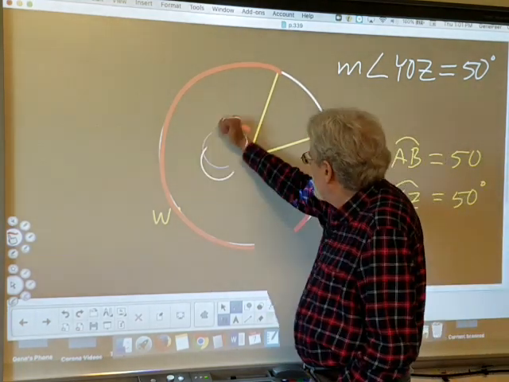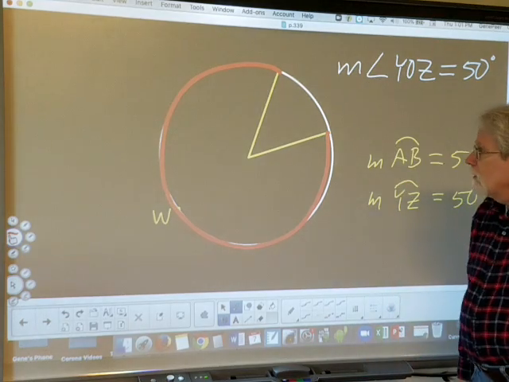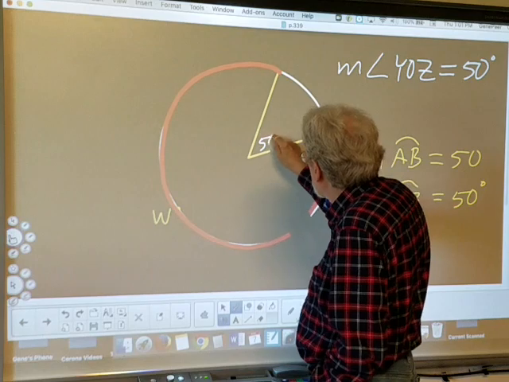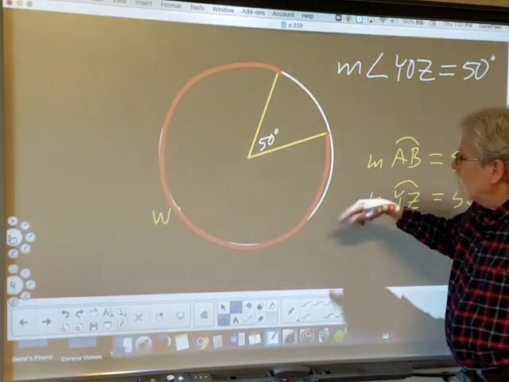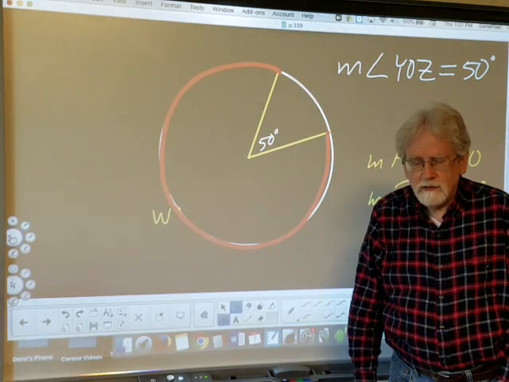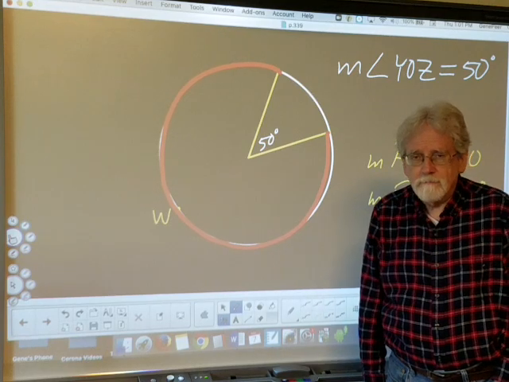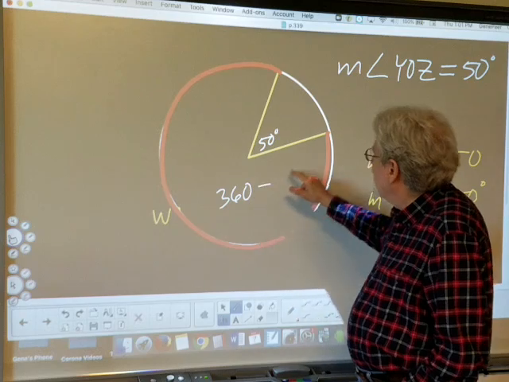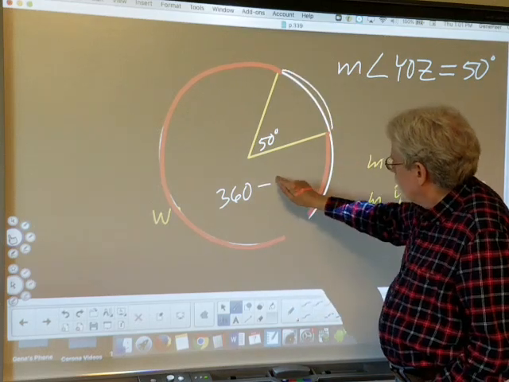So how do we define the measure of a major arc? Oh, it's easy. To get a major arc, suppose this angle is once again 50. The major arc will be, what do you think a whole circle would be? 360. So a major arc is 360 minus the minor arc.